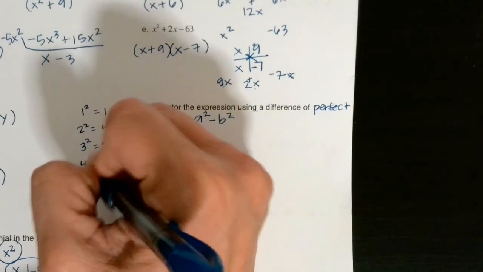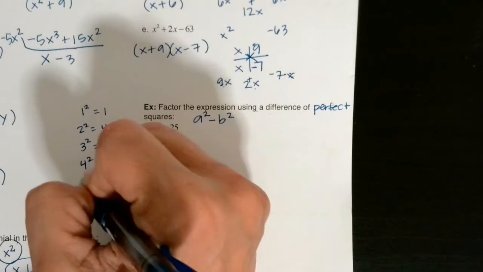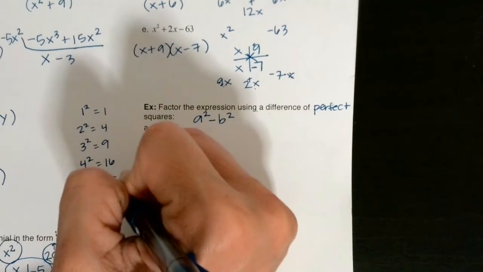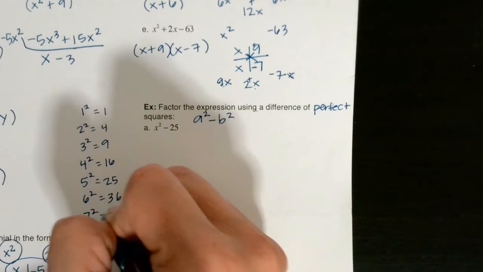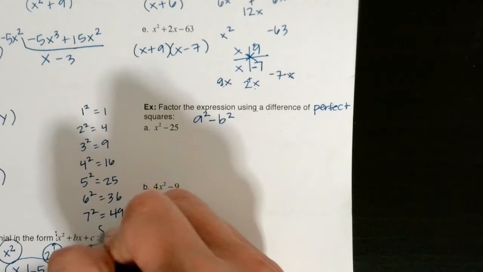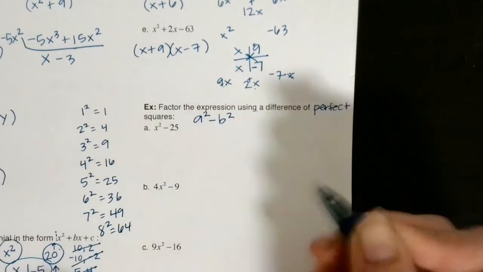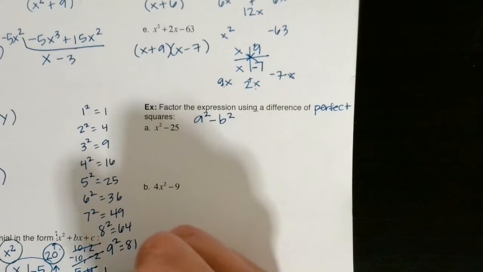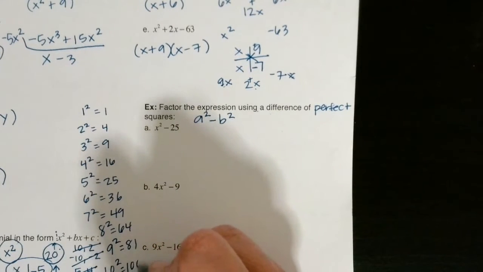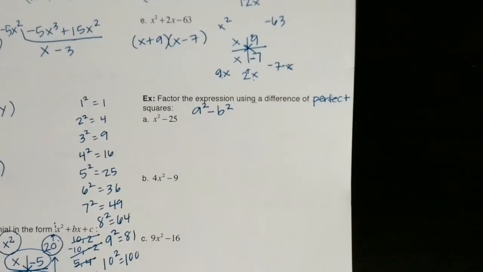Most of you know these, so that's why we don't have them written on here. But maybe you need a quick refresher, so I am writing them out right here. What's the biggest one? Oh, we got a 9 squared. So we'll stop at 10, right? Those are all your perfect squares.